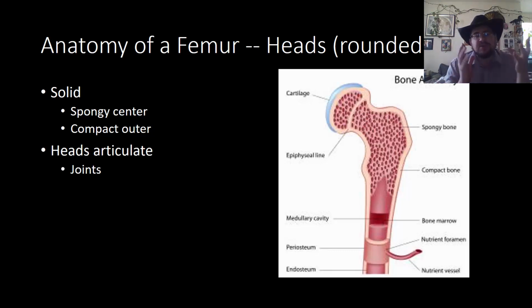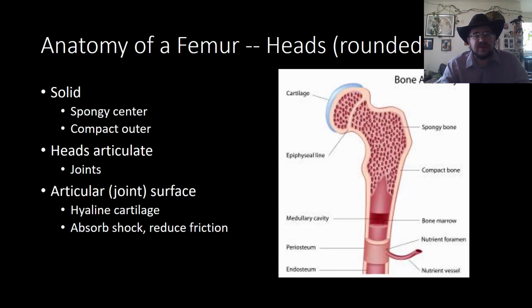The heads of long bones articulate. So when two things articulate, they are connected and moving. So the heads of long bones are forming joints with other bones. So all my long bone examples join up with other bones. Right here on this femur, this is the articular surface, the head right here that will join up with the pelvis.